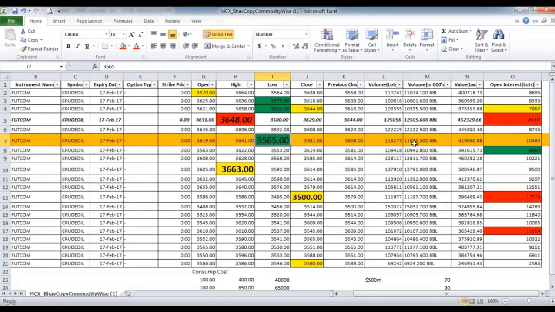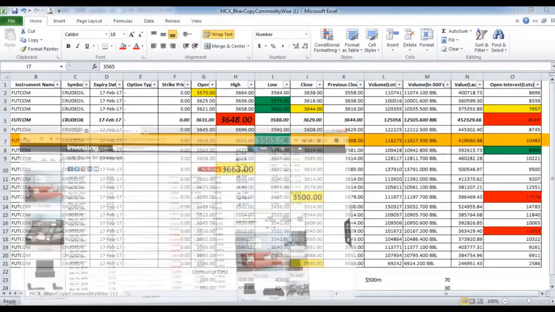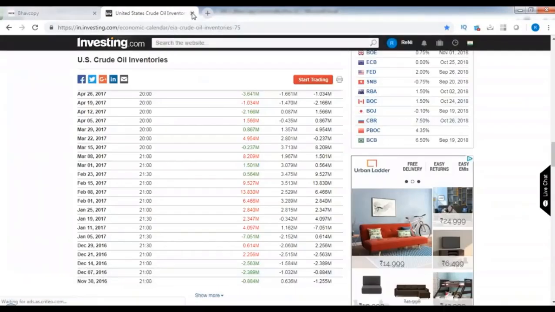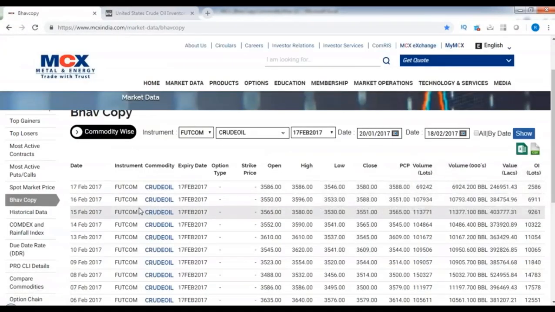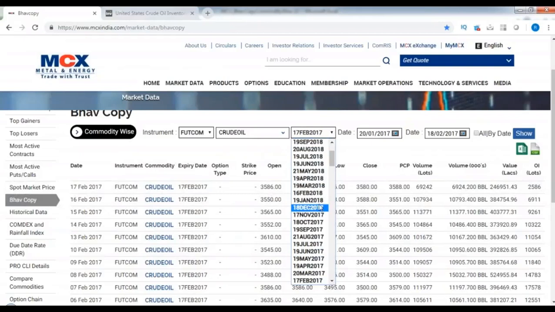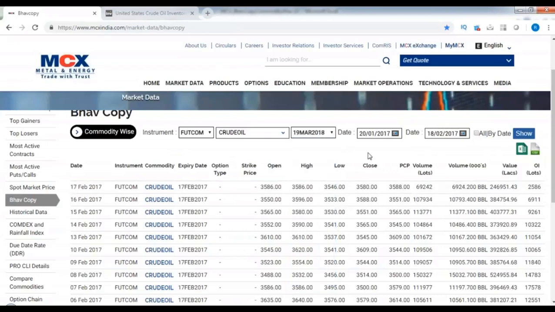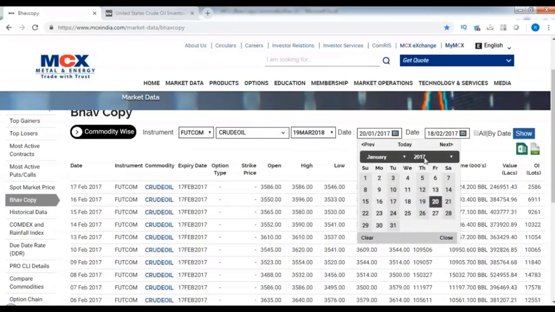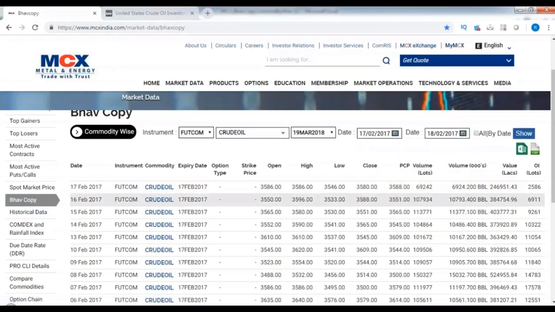March contract basically. So when does the March contract start? So this is February, March. So it will start on 17th of February, somewhere over here, right?